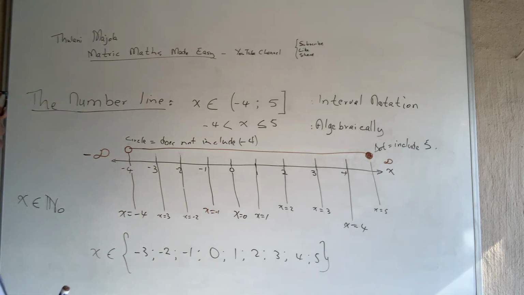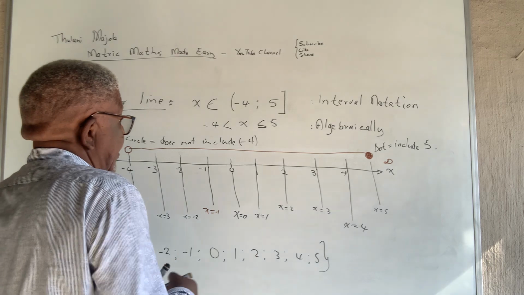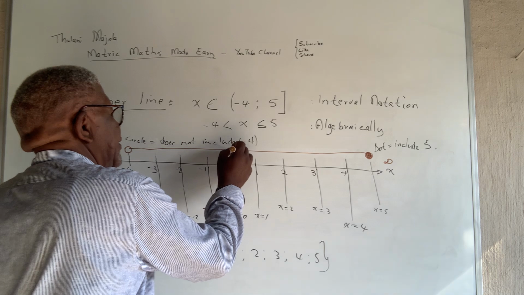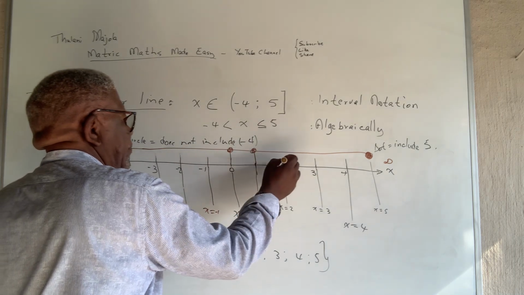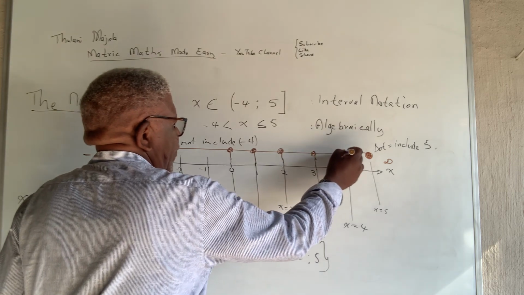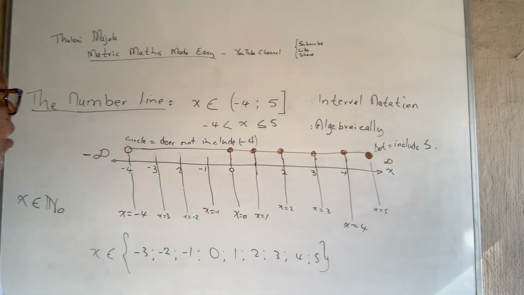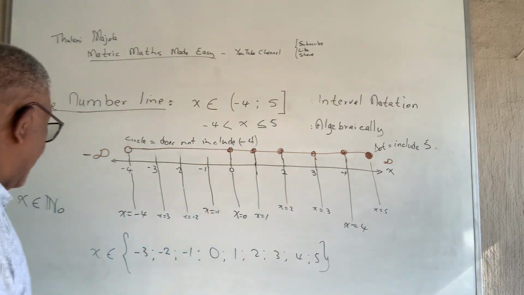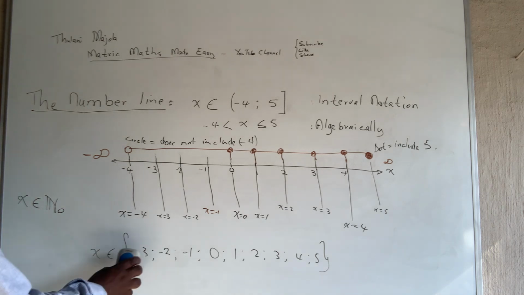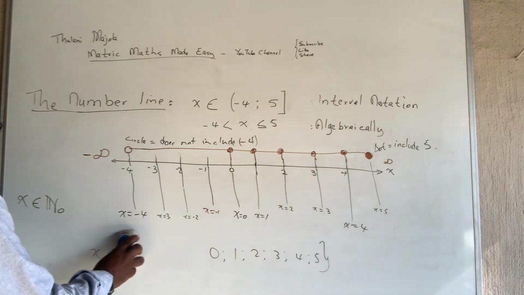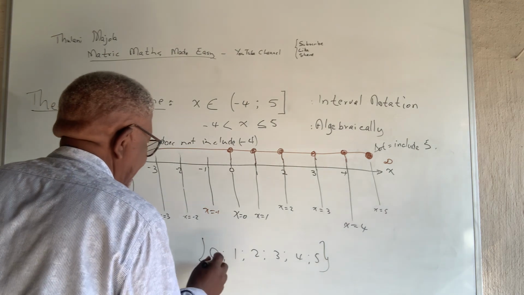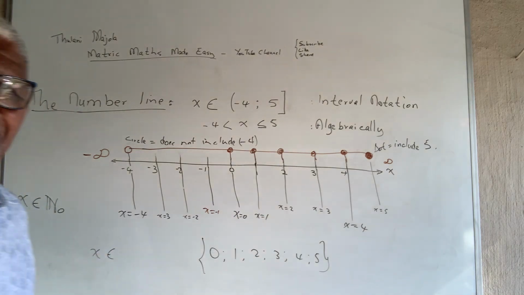We all know the whole numbers start at 0, they don't include the negative numbers: 0, 1, 2, 3, 4, and 5. These are the whole numbers between -4 and 5. So you have to represent them using the x. So our negative numbers, they fall away now. So x will be an element of {0, 1, 2, 3, 4, 5}.